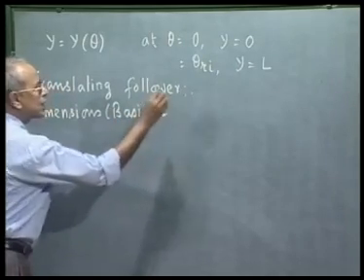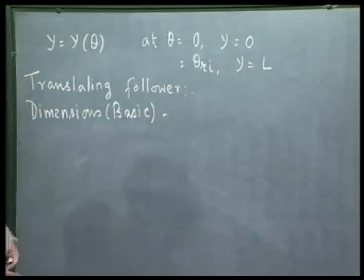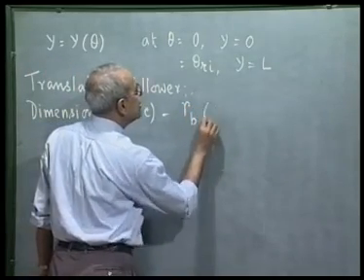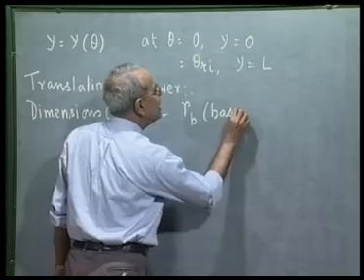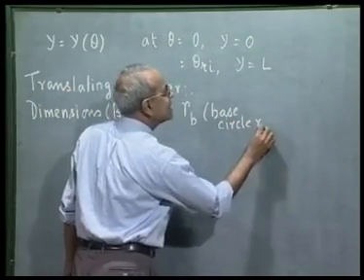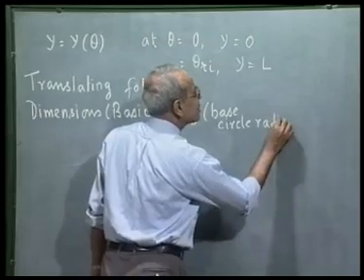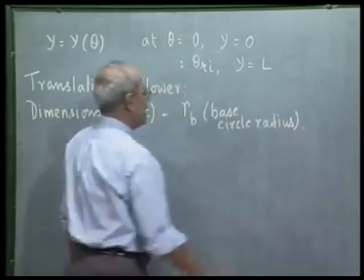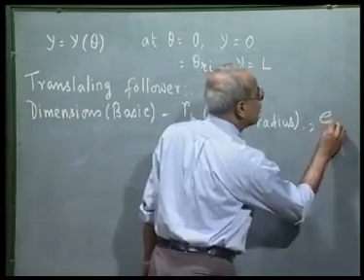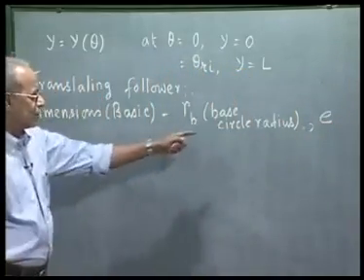Basic dimensions of the cam, as you will see, one is the base circle radius, RB. We have to first determine what must be the base circle radius, that is the size of the cam. And we have also to come up with what is the proper offset of the follower, which we denote by E.